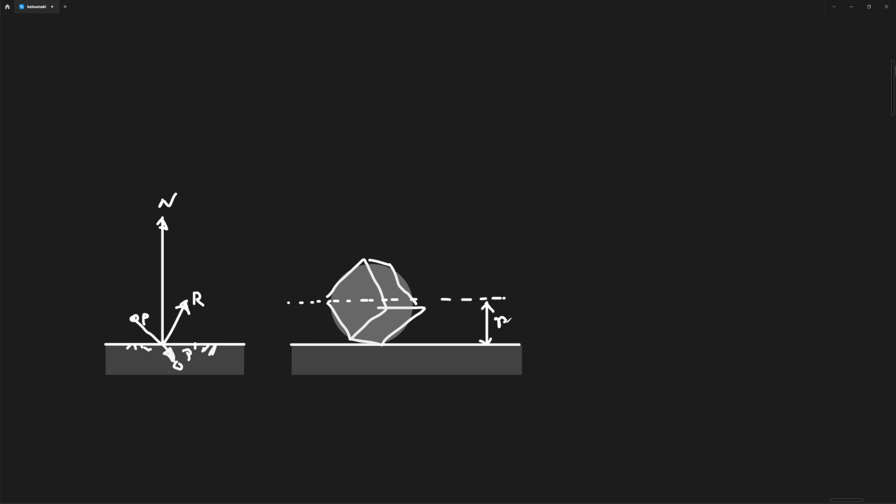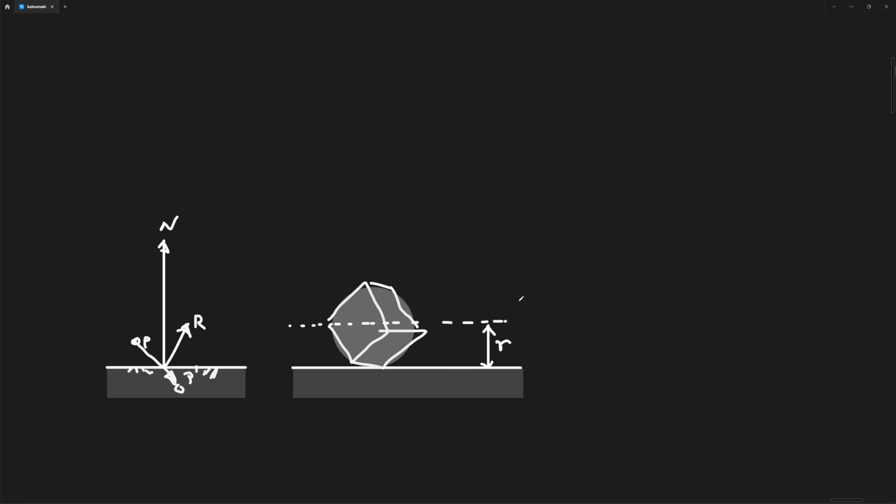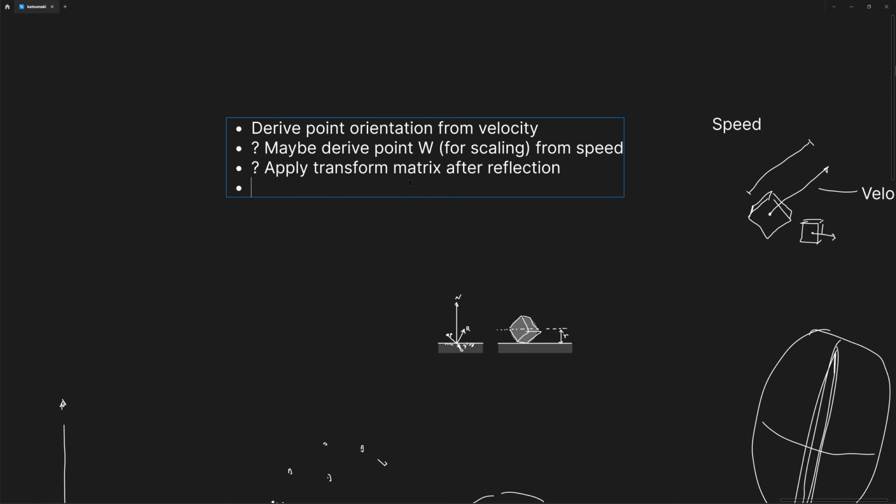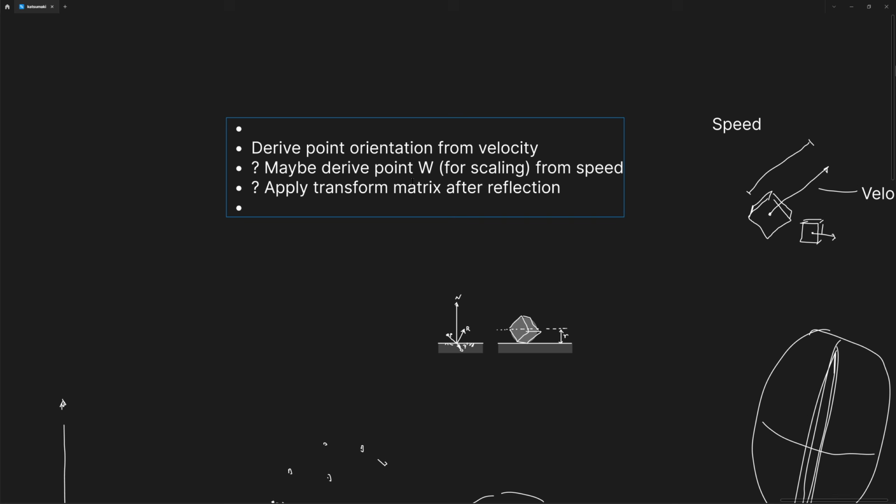This is supposed to be an R. Okay, so I think this is the most important thing we want to do: shift the reflection distance by radius.